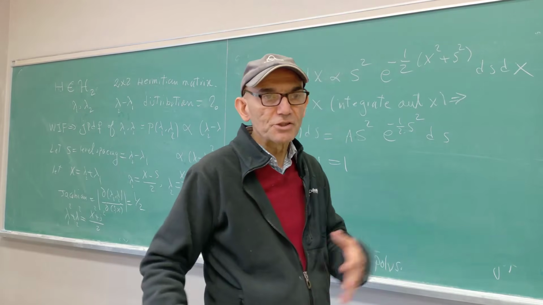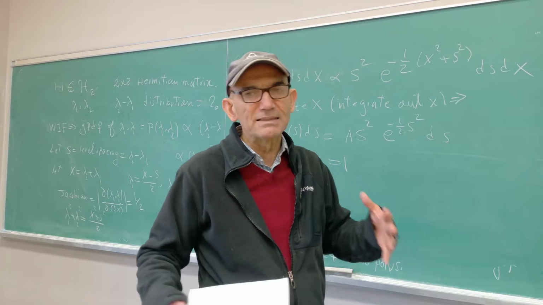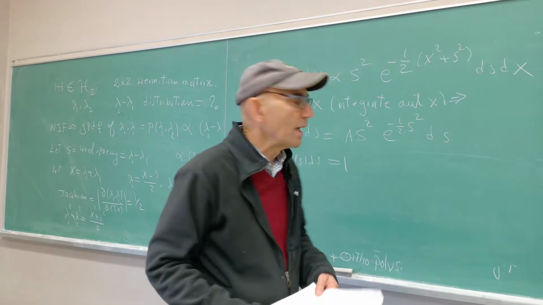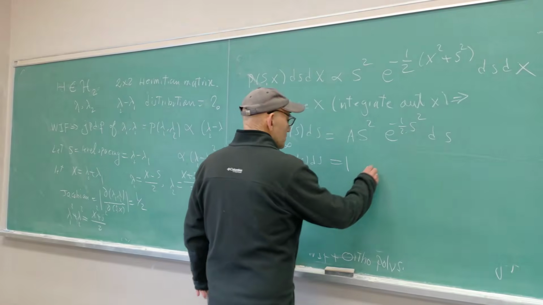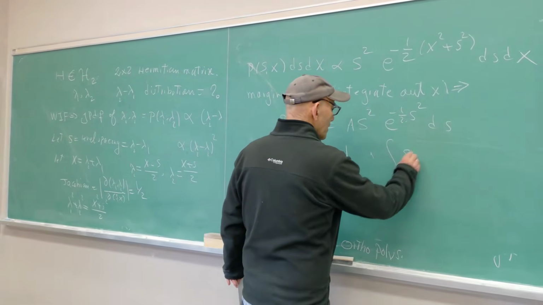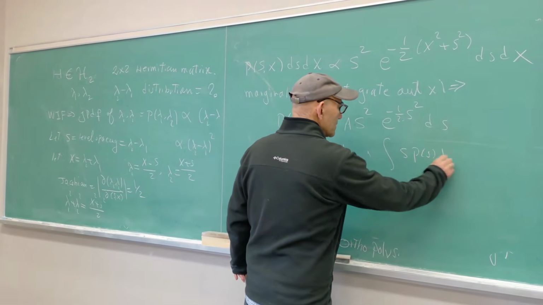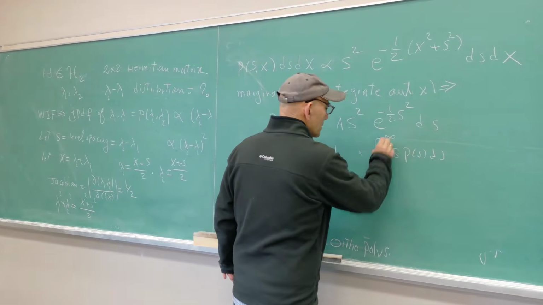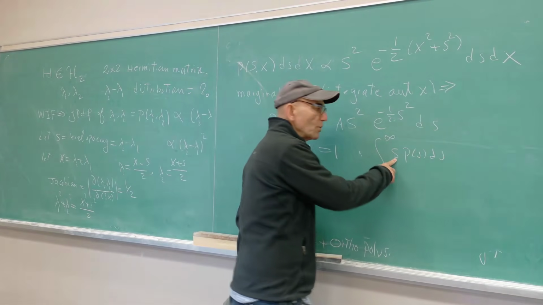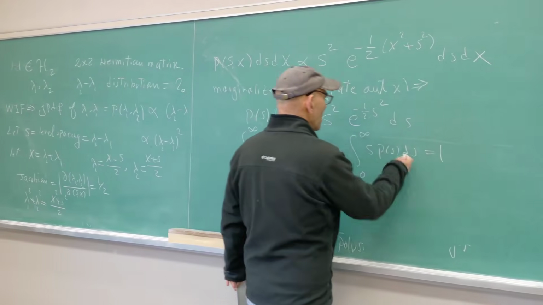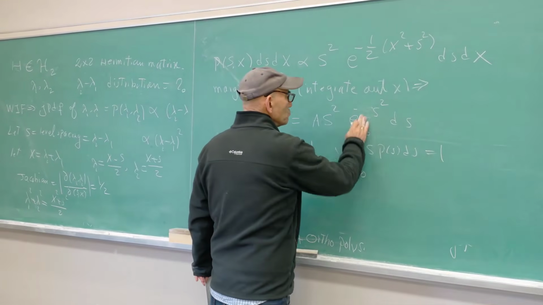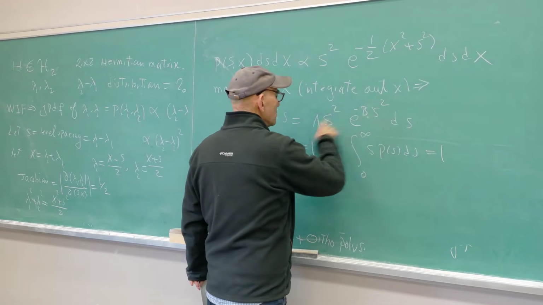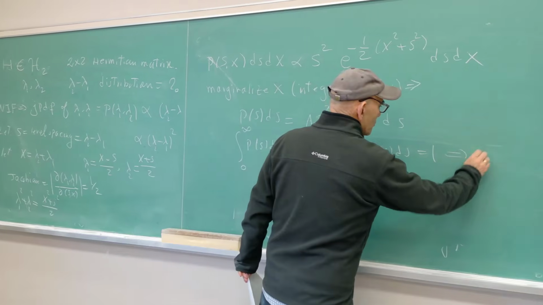For example, the fluctuation is normalized to 1. They do something. And so there is this condition that the integral of s P(s) ds, the average spacing, they want to be equal to 1. So these two conditions give you A and B.